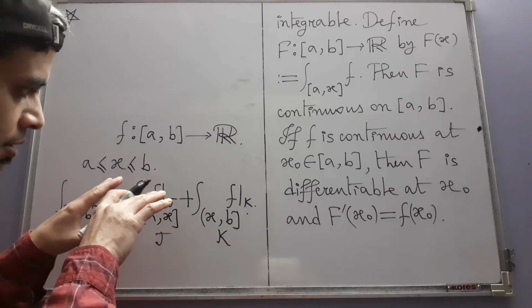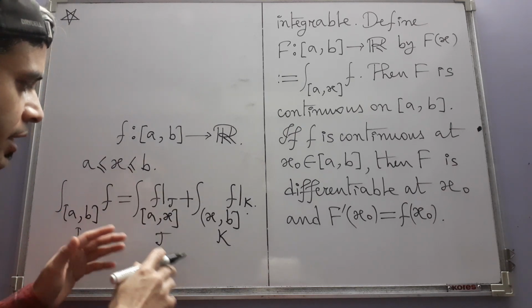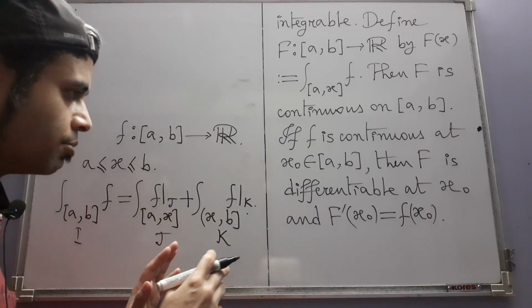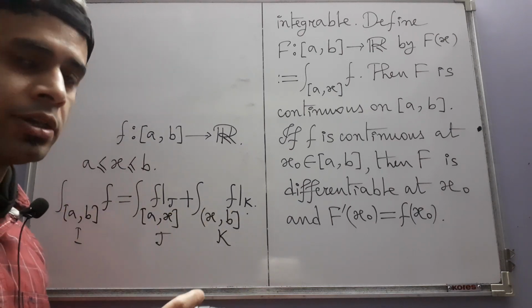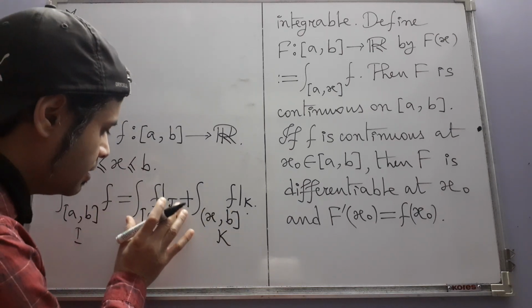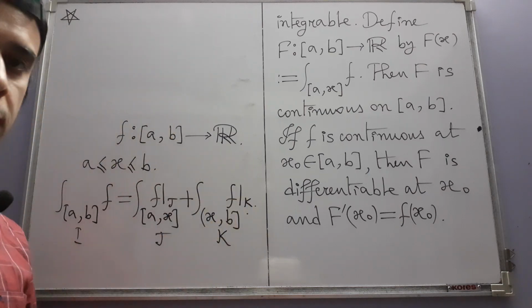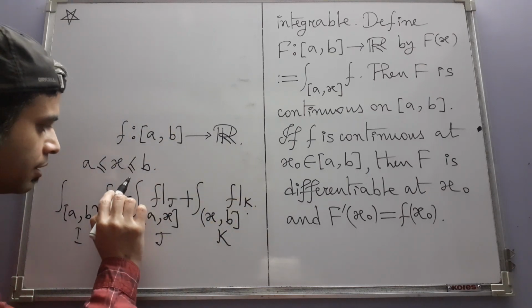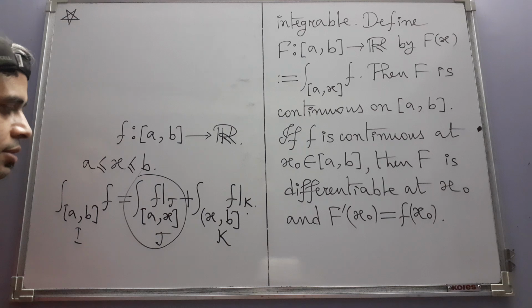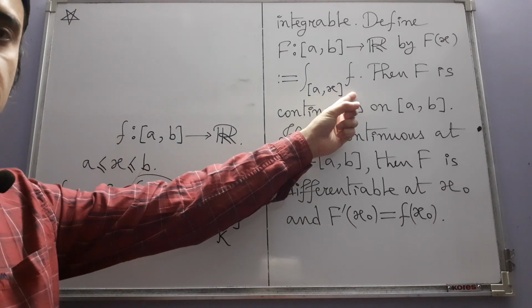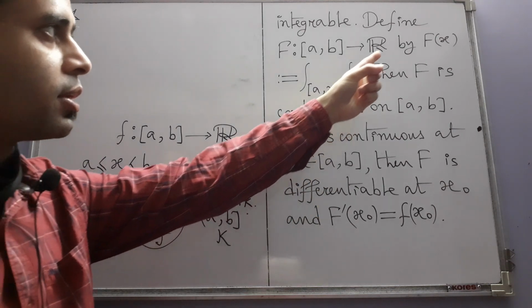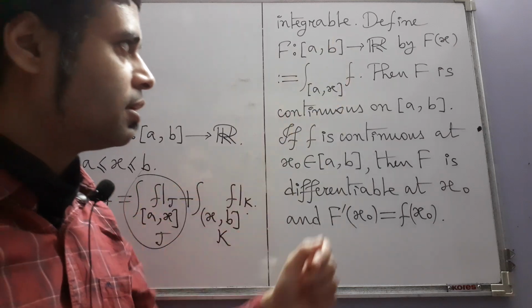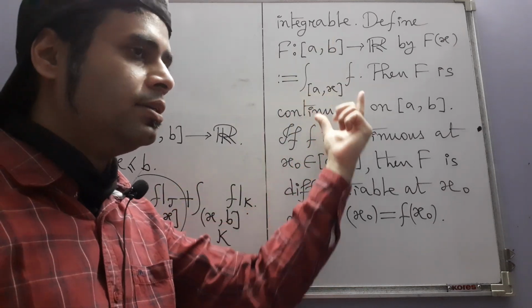So this property not only tells us that this equation is true, but included in that is also the fact that these integrals themselves exist. In particular, this integral exists, which is what we see here. So yes, for every x coming from this interval, you get a unique real number.